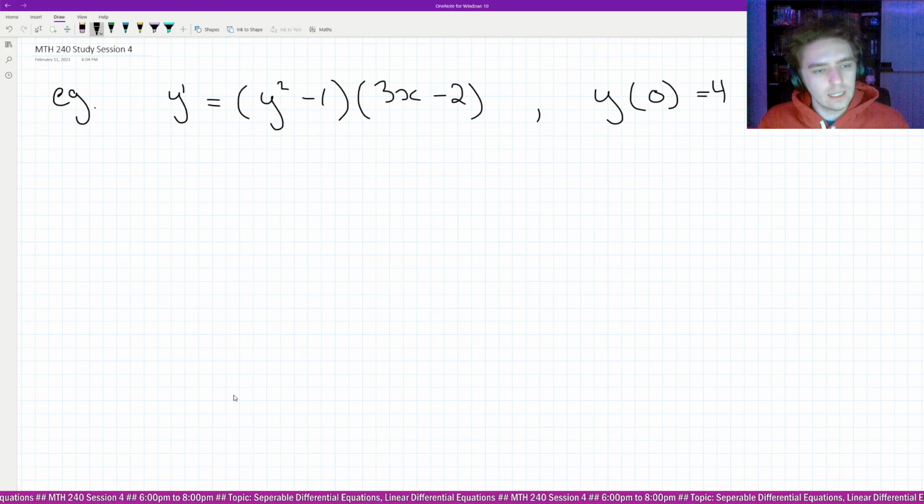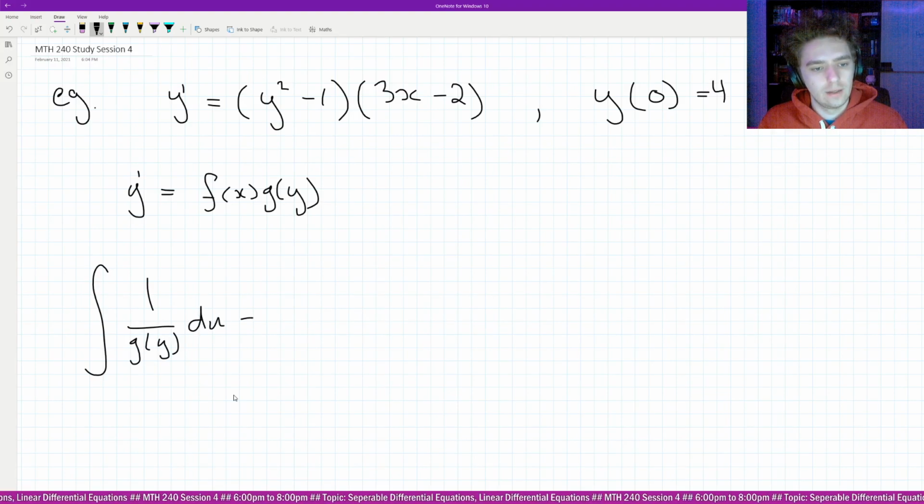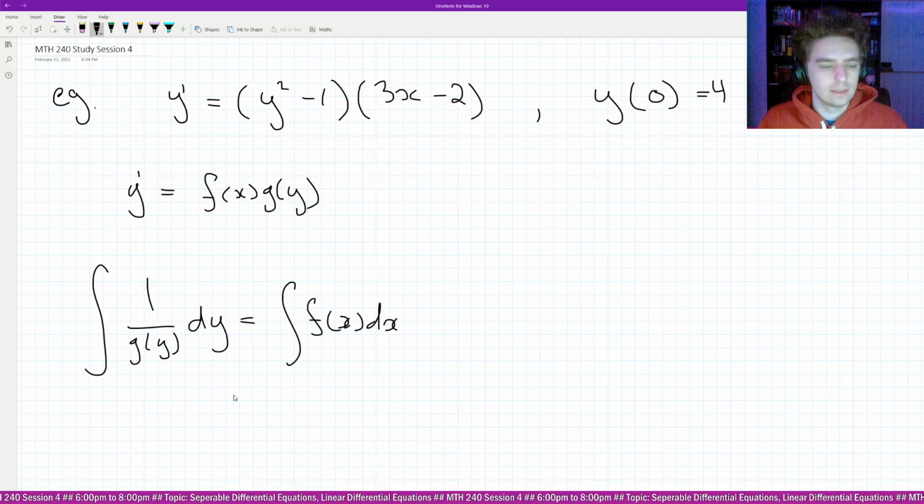Well, we can see that this is in the form y prime equals, if I just move things around, f of x times g of y. So I can use the formula, which was integrate 1 over g of y dy, and equate that to the integral of f of x dx.